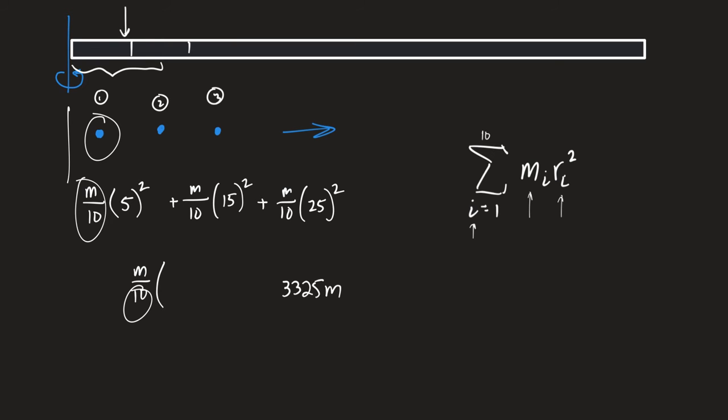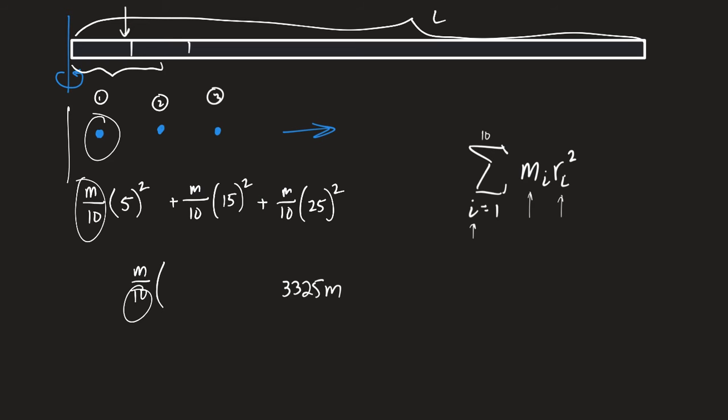There's something else here. This is a meter stick. It would be nicer if this was any rod or long object. Meaning it'd be nice to make this length L and break it up into 10 equal pieces.